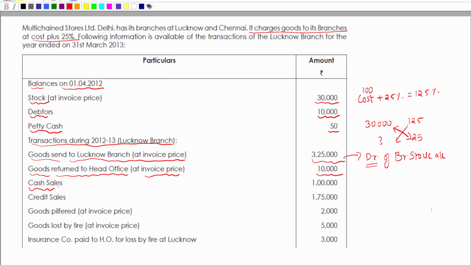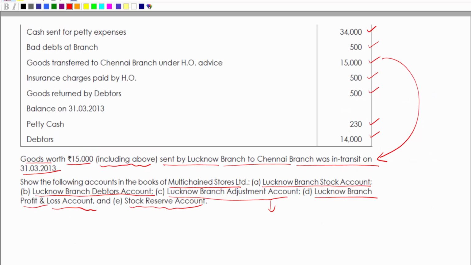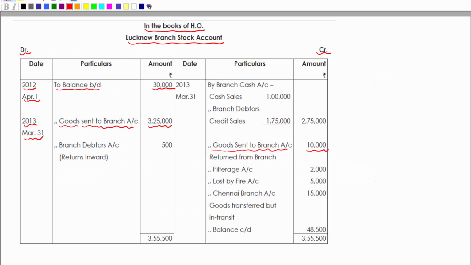Next we have cash sales, which is 1 lakh. Then we have credit sales 1,75,000. And if you notice, credit sales will go to branch debtors account, whereas cash sales will go to the credit of branch stock account. So in branch stock account, we are supposed to capture both cash sales and credit sales. First we'll capture cash sales by branch cash account, that is cash is going to come to the extent of 1 lakh.